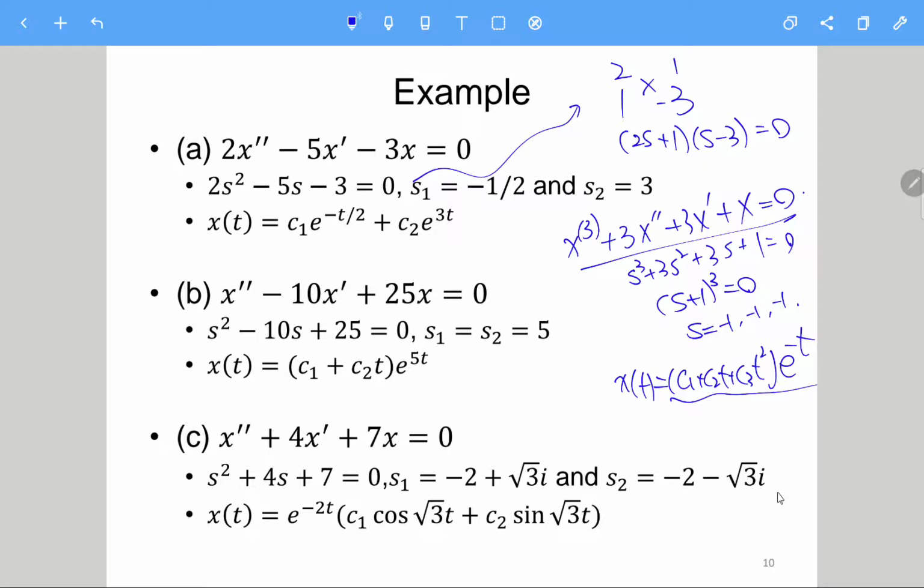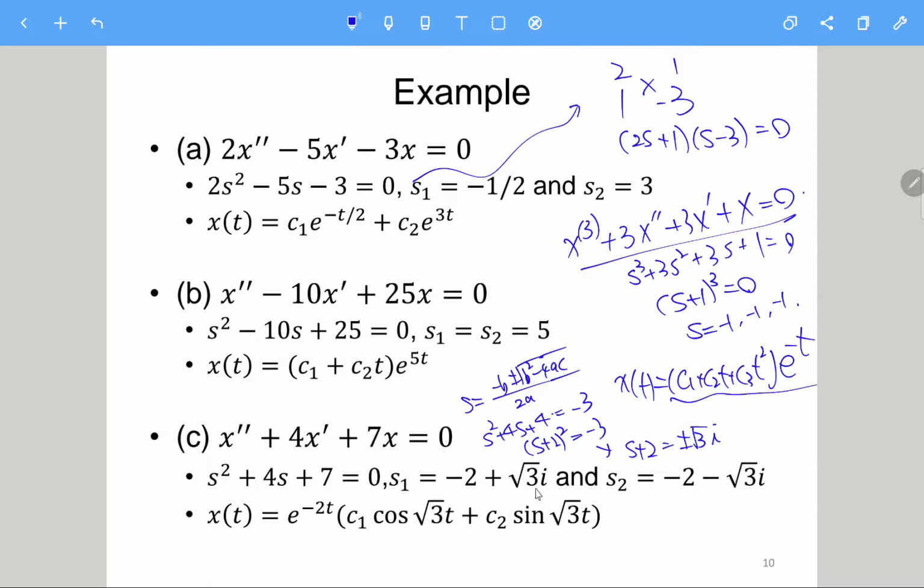You can use the quadratic formula, s to be minus b plus or minus square root of b squared minus 4ac over 2a, or you can do it by factorization. You can have s squared plus 4s plus 4 equals minus 3. So you have s plus 2 squared equals minus 3. So you will have s plus 2 equals plus or minus square root of 3i. So you can get s1, s2.